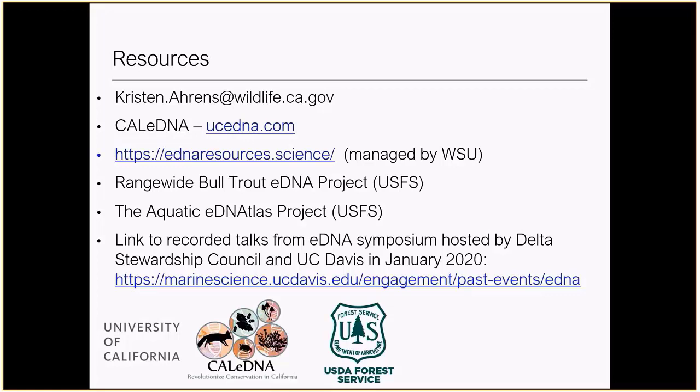Sure. All right, next question came in, Kristen, during your presentation. How feasible is it to enhance a presence/absence eDNA study with genomics and genetics? The context here is that we want to identify tributaries that have rainbow trout, but may also want to know how connected these populations are.